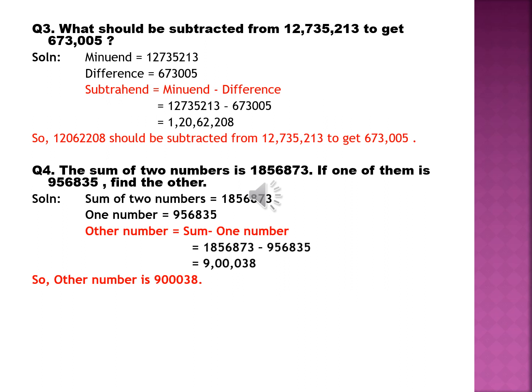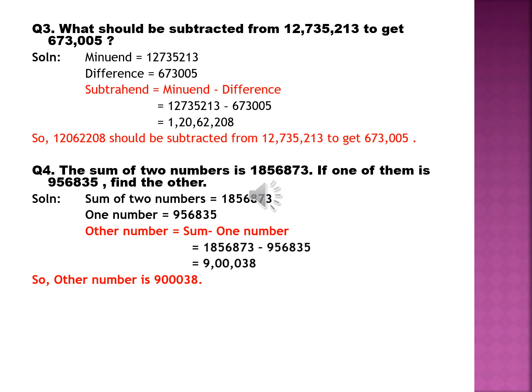Next, question number 3. What should be subtracted from 12735,213 to get 673,005? So you have to subtract something from a number to get another number. So the number from which we subtract is called the minuend. If you remember the definition, the minuend is 12735,213 and the difference is 673005, and you have to find out the number that will be subtracted from minuend, and that number is called the subtrahend.